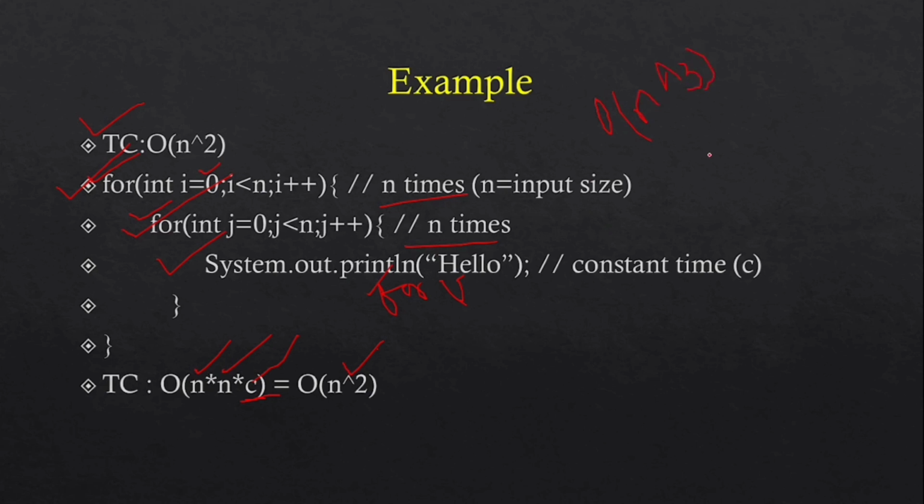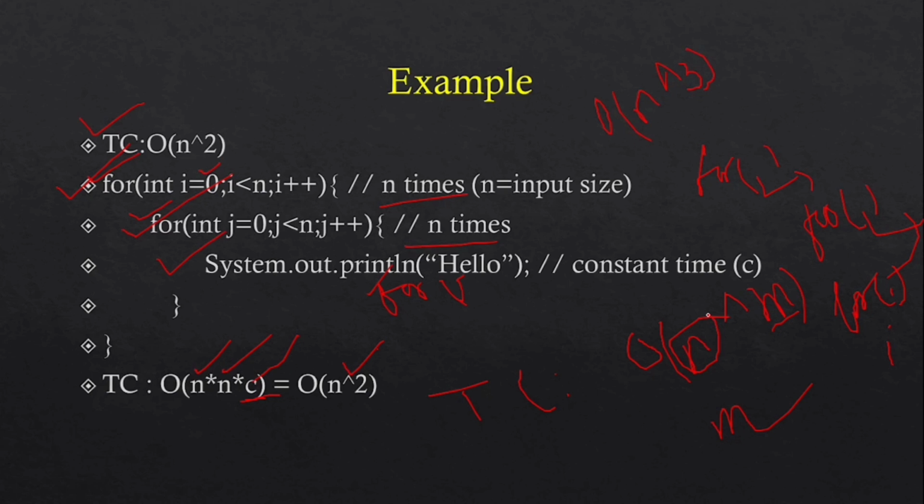Now if you have one for loop, and in this for loop you have another for loop, and in this for loop you have another for loop, and this is going on m times, then your time complexity is order of n to the power m. This m is the number of for loops, and this n is your input size, meaning your for loop is iterating from 0 to n minus 1, total n times. I think it's clear, right?